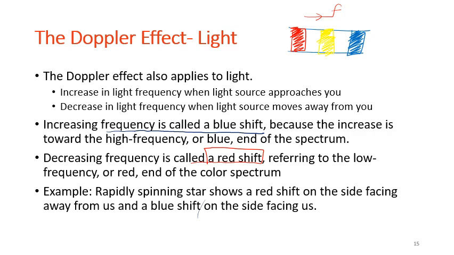If you consider a rapidly spinning star, one end of the star shows a red shift and the other end shows a blue shift. That means you can see two different colors on the same star if it's spinning rapidly.